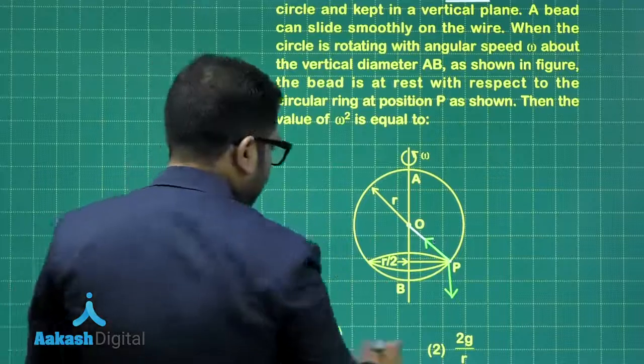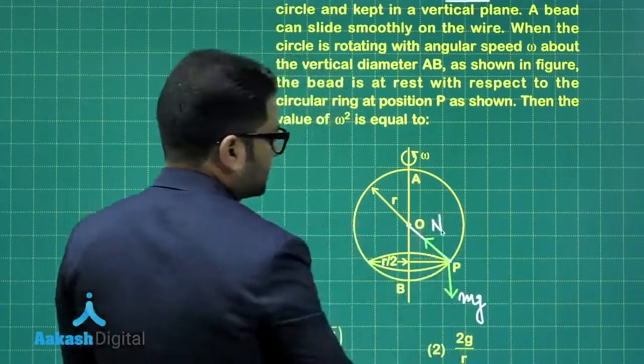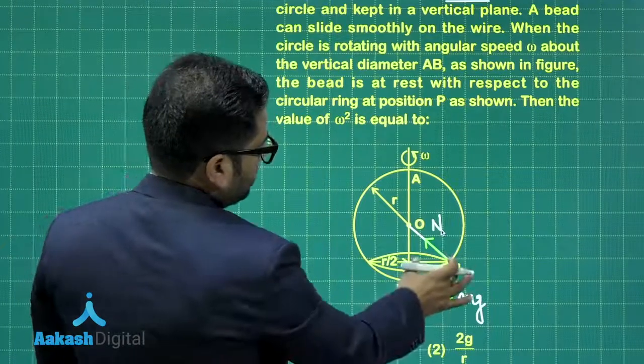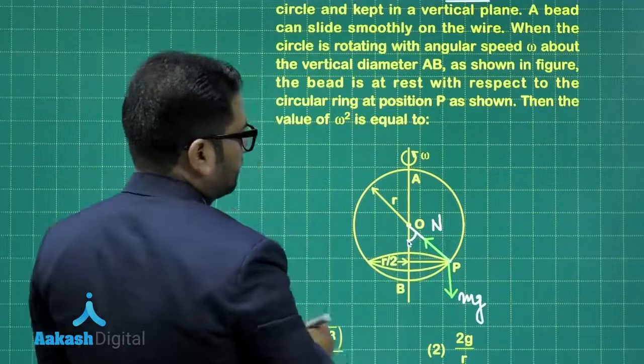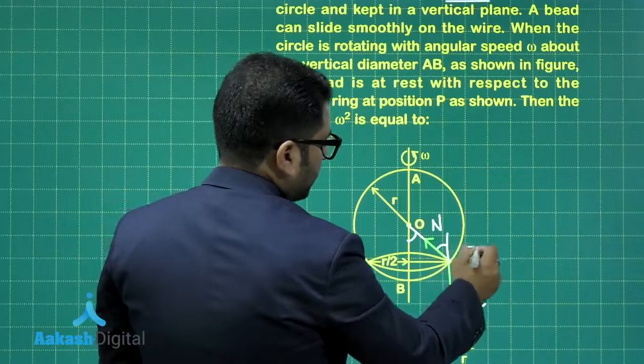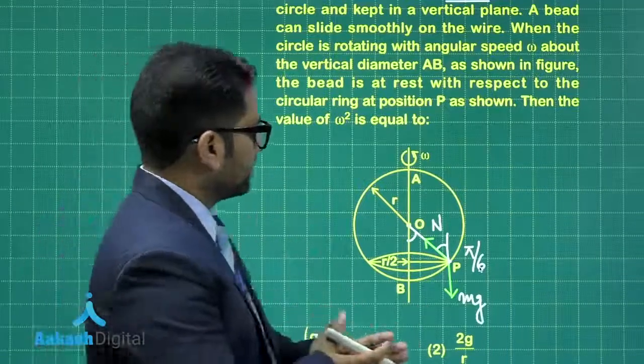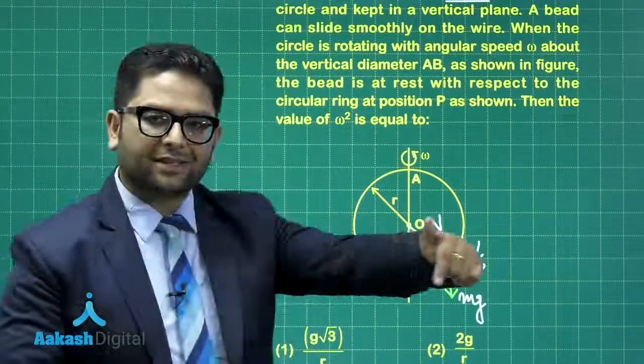So here, this is the mg, this is the normal reaction, and it's so clear, this being r by 2, so this angle would be 30 degree. Likewise, this angle would be 30 degree, so in radian that's pi by 6. It's moving in circular motion.